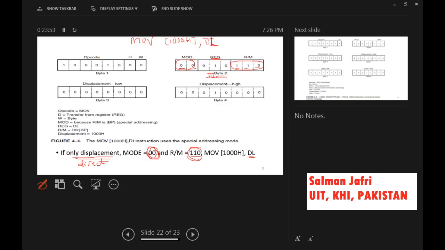So basically the code for DL is 010, and 010 is placed in the REG field.